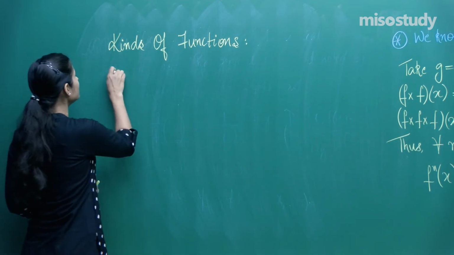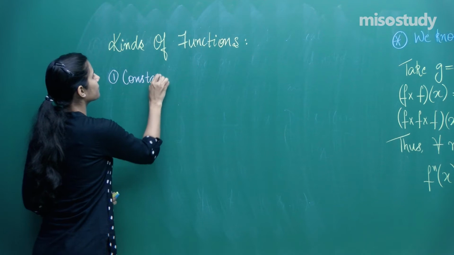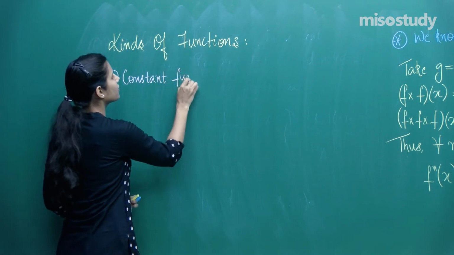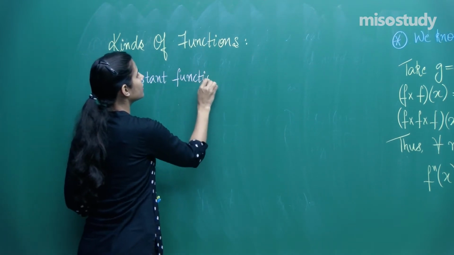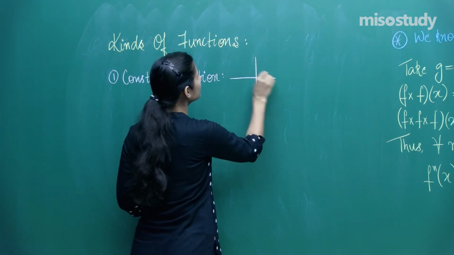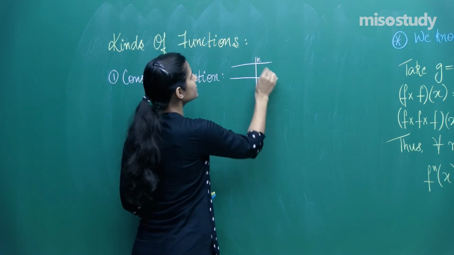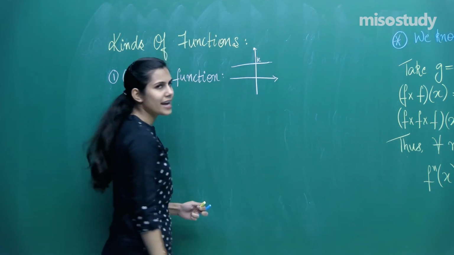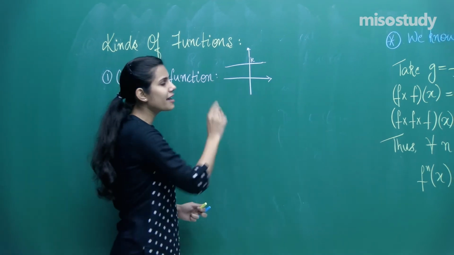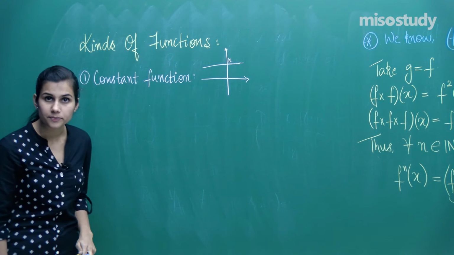The first function we dealt with was the constant function. Constant function looked something like this. Some constant k was sitting over here, x and y axis over here, and a line parallel to x axis was the depiction of the constant function.